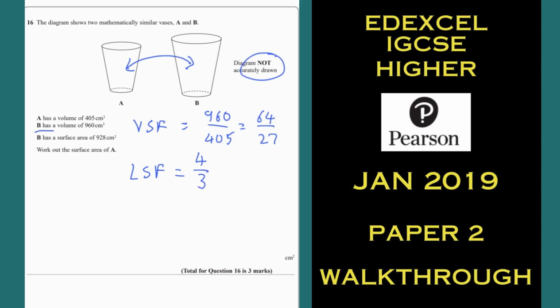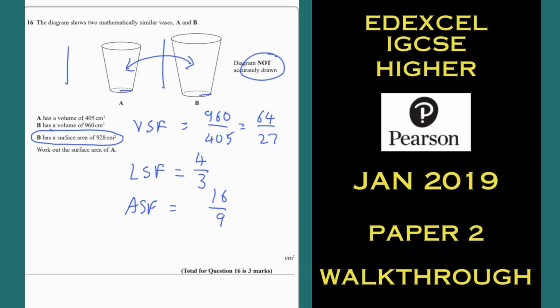But you'll notice it doesn't want linear, doesn't want height or radius or anything, because that'd be important. We'd use the linear scale factor if we were doing ratio to ratio or height to height and doing frustums and stuff like that, but we're not. So we need to go to area scale factor by squaring the top and squaring the bottom.